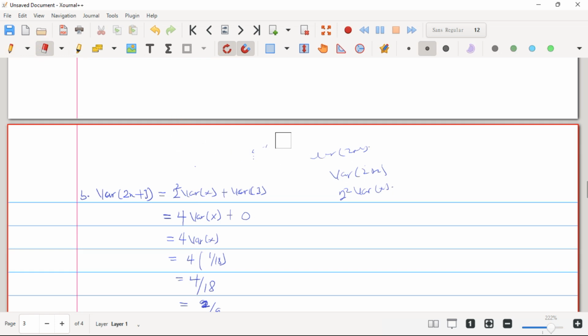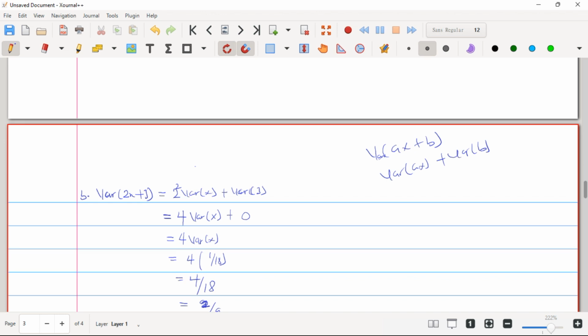Before we continue with that, let me walk you through how we are going to expand that one, right? Because when we have, for instance, the variance of aX plus b, right? You just expand it as a squared times the variance of X plus the variance of b.